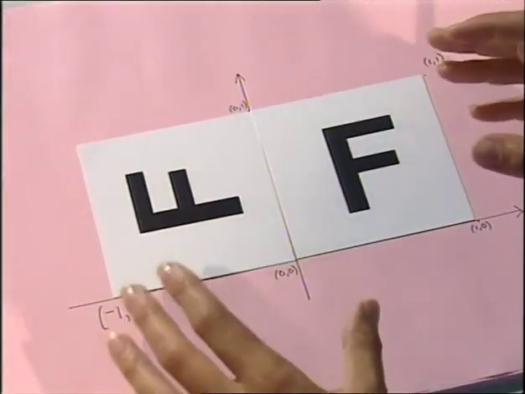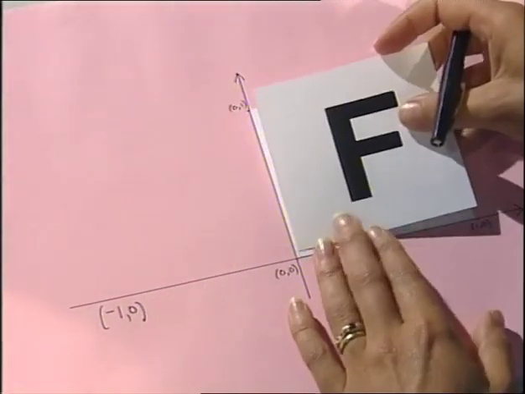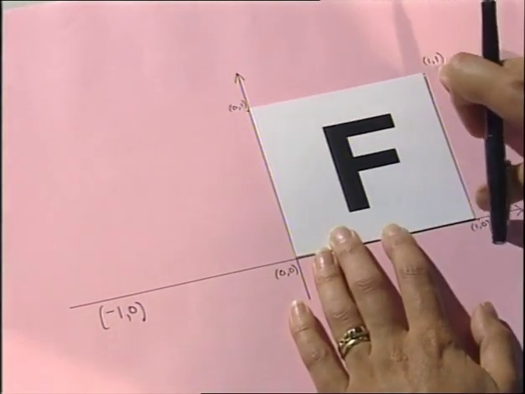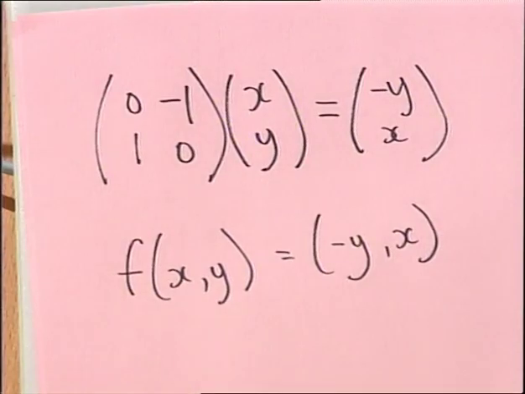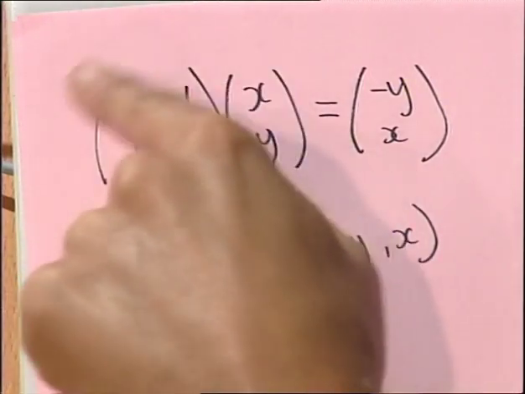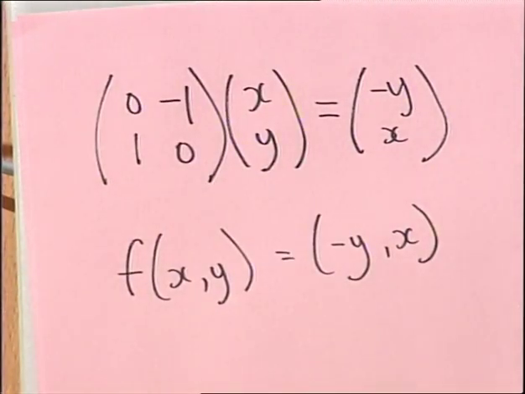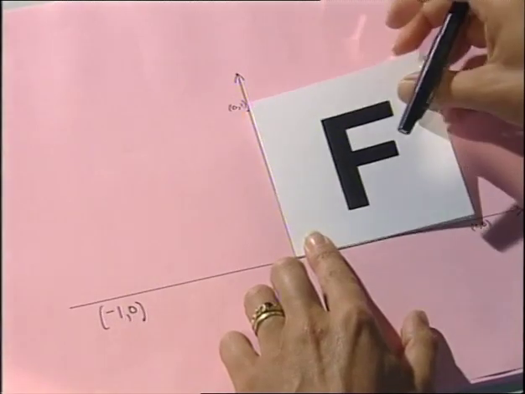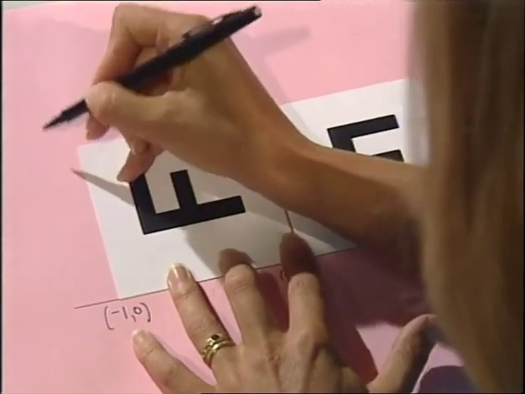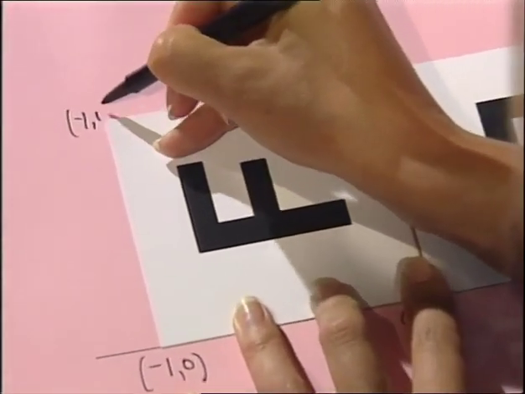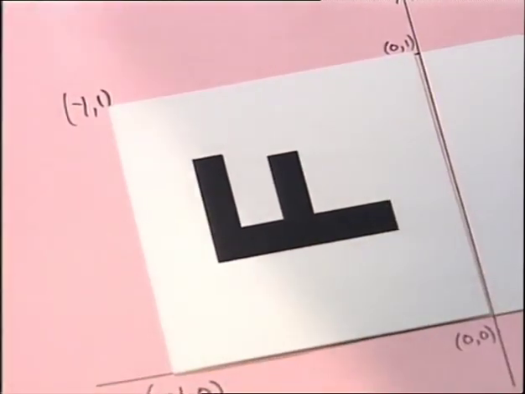Now you can check that on one of the other corners of my square, (1, 1). That ought to go to (-1, 1). f(1, 1) should go to (-1, 1). And you can see that that's the case. So that is a quarter-turn rotation anti-clockwise.